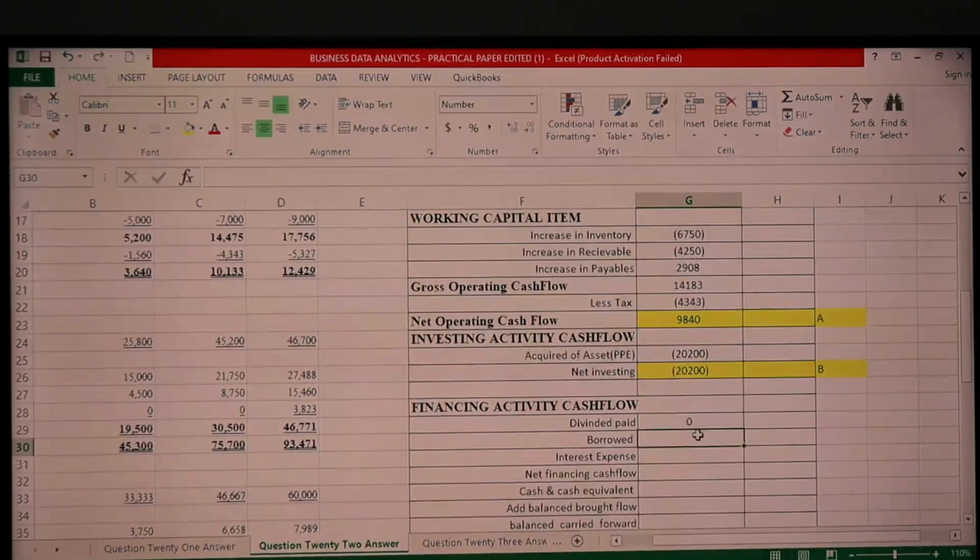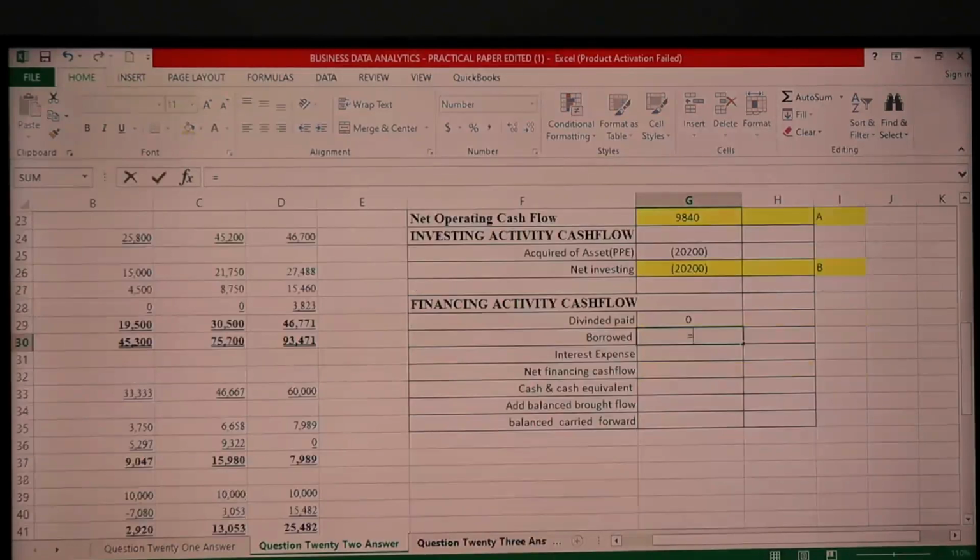And if you get the borrowed there in our profit and loss statement, we have the long-term borrowing for 2020 and 2021. So then you're supposed to pick the values for 2021 minus the values for 2020. So you say equal to, here, let me zoom out a little.